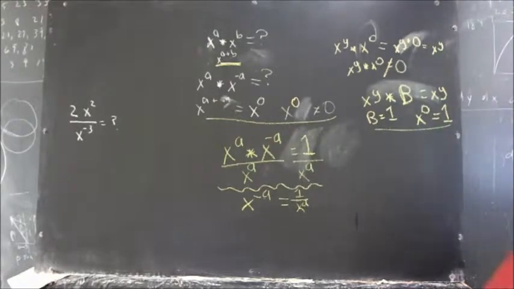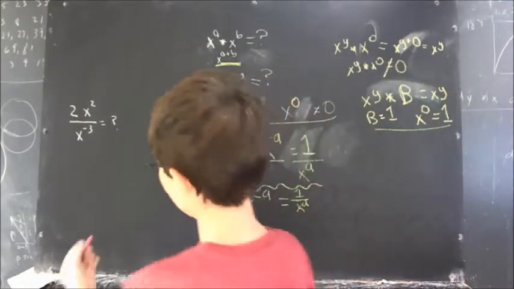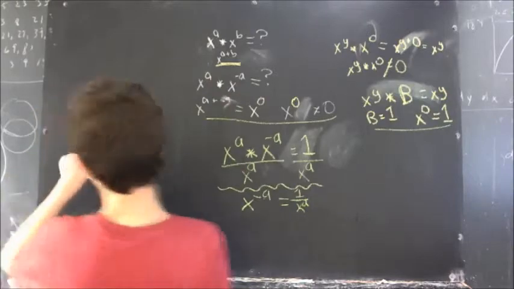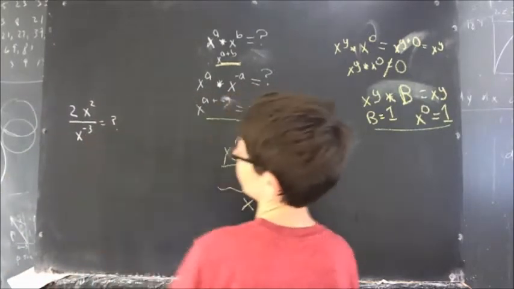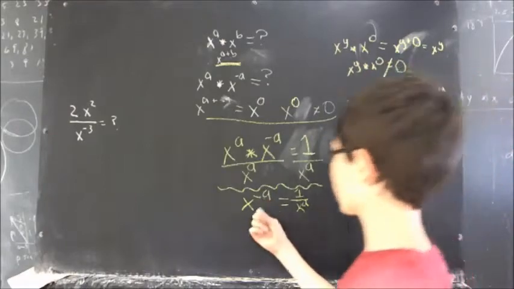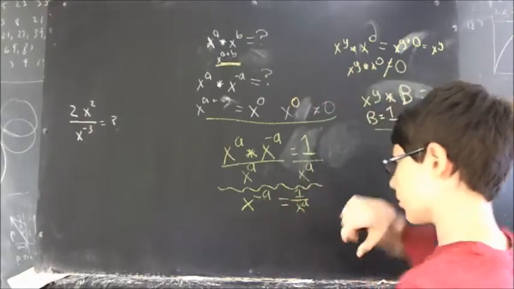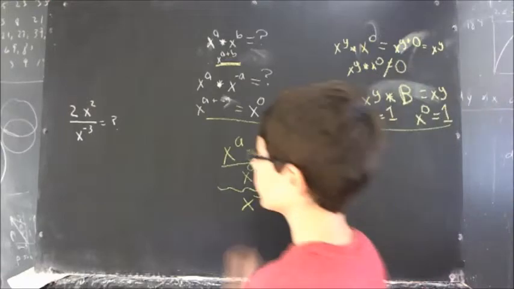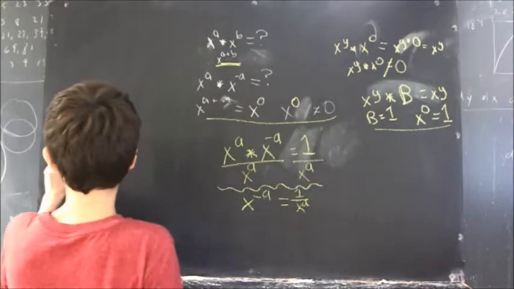So let's go back all the way, let me get a different color, all the way over here, and let's look at this problem. So we have x to the negative 3. Now we know that x to a negative number is equal to the reciprocal. So let's just put it in.